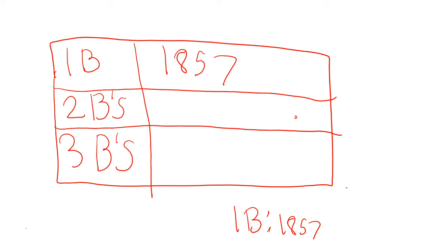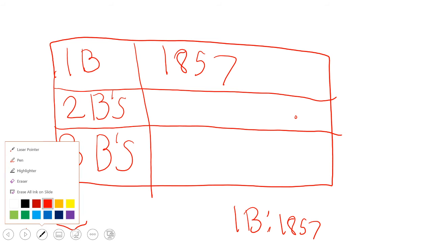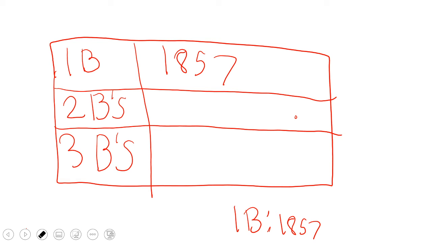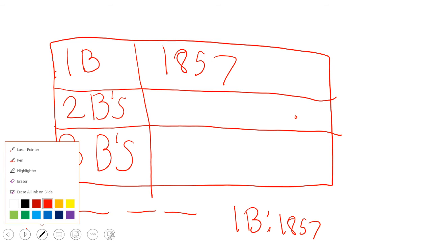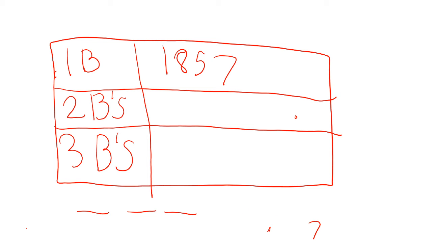So let's move on to 2 B's. Here we're going to have a B in 2 slots instead of a B in just 1 slot. And the way I'm going to do this is the same way. First we can have a B here, and then any other letter here.